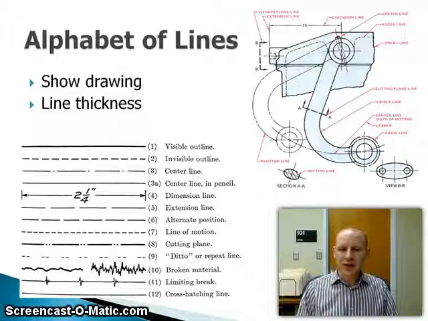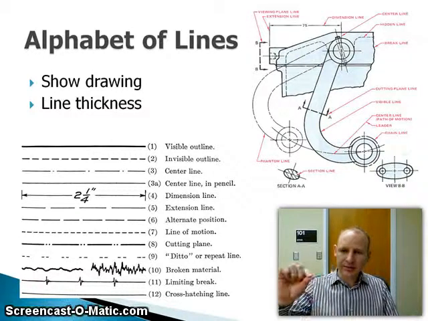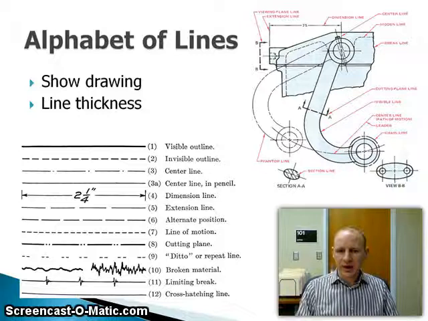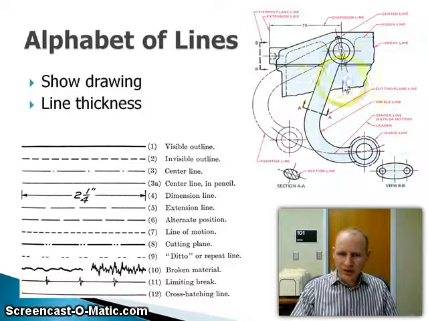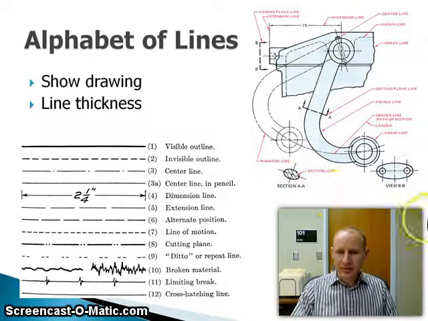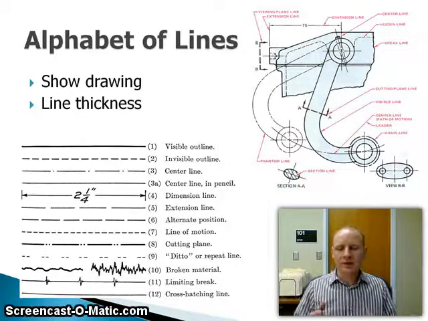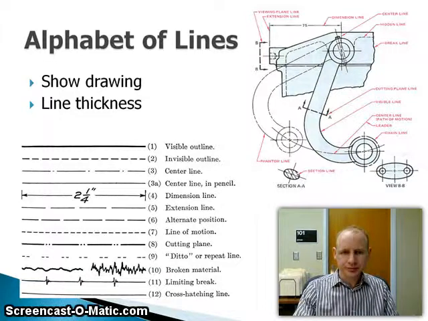But by the use of different lines, we can identify, okay, this feature here is in the background because it's a hidden line. This initial arm swing here, it's not that there are two arms, this initial one is called a phantom line, which identifies that this will rotate along this plane. And here's a section line that you see here and a variety of other lines. So the whole idea of using different lines is that it brings clarification to our drawings.